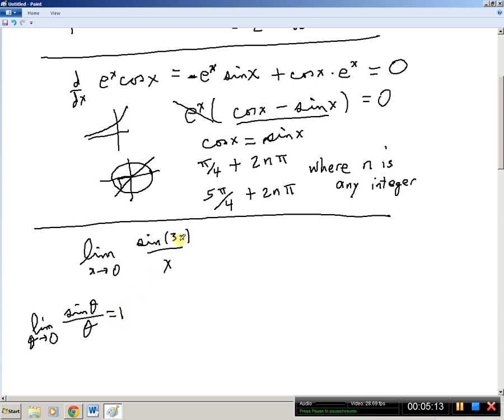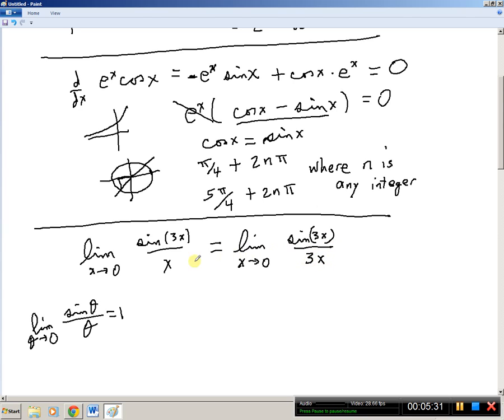So you think of 3x as your theta, and so what you'd really like to do is get sine of 3x over 3x. So you can make it that way. You can just go limit x goes to 0 of sine 3x over 3x.